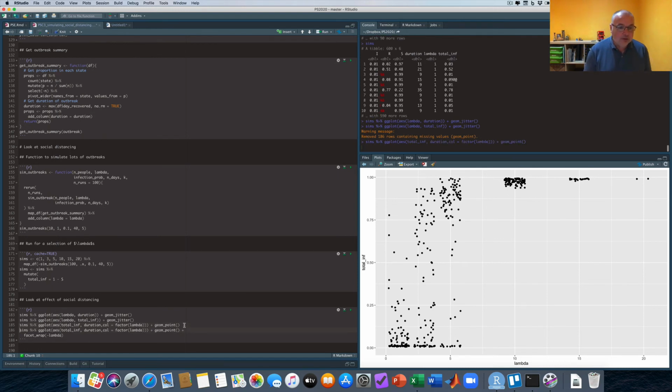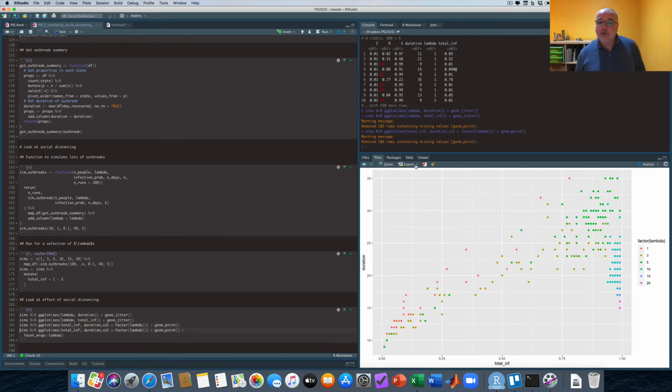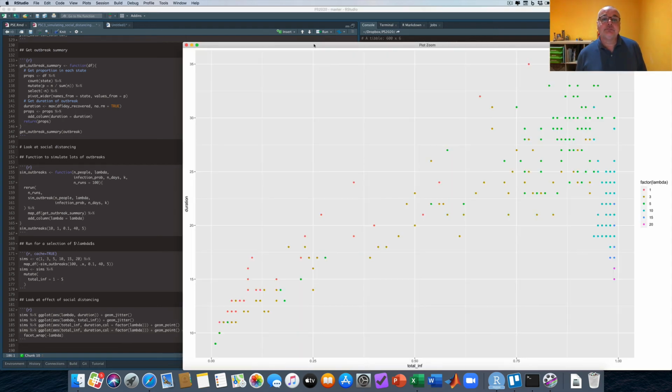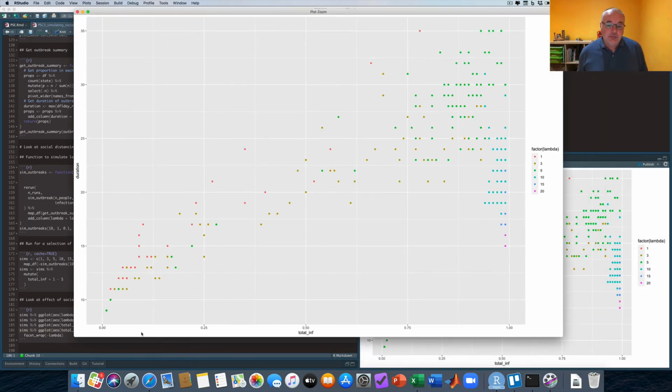First of all, we're going to produce this plot, and all I've done here is we've now got our total infections on this one. So this is from no one gets infected all the way to everyone gets infected. On here we've got the duration, and what we see is that you've got this increase and then a decrease, because of what's happening when people are going out and meeting lots and lots of people.